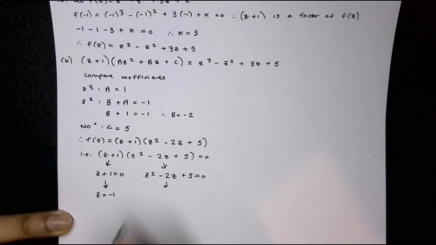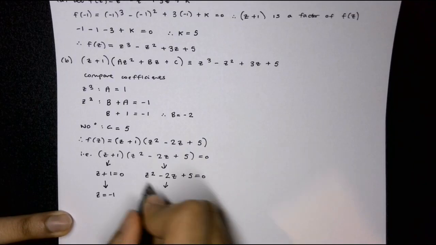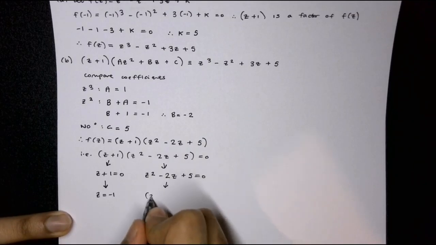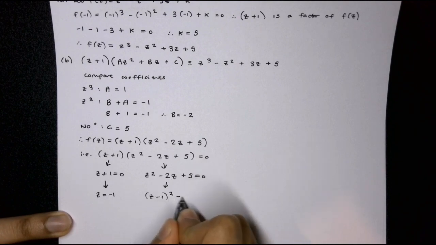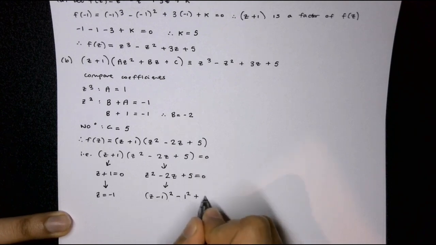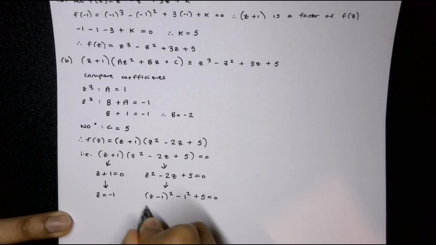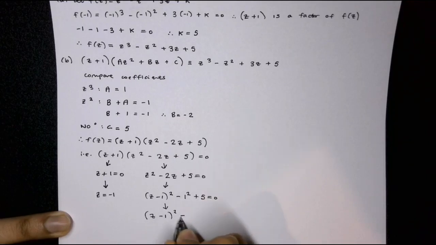and if we solve this equation over here, we can complete the square. Half the coefficient of z, that's minus 1. So we have z minus 1 all squared minus the 1 squared plus 5 equals 0. z minus 1 all squared is equal to minus 4. z minus 1 is equal to plus minus the square root of minus 4.